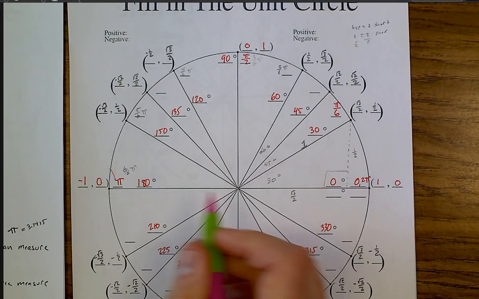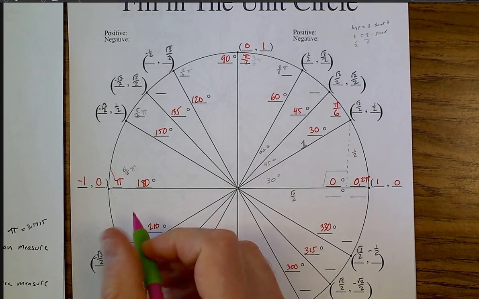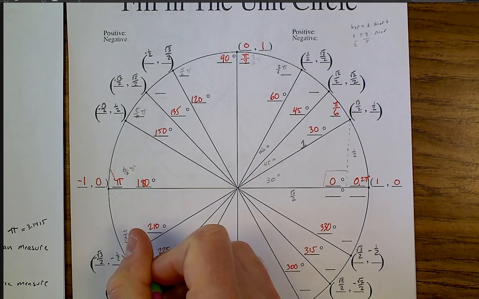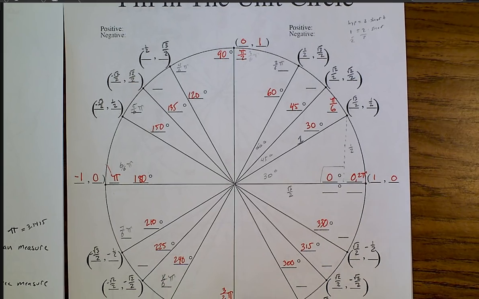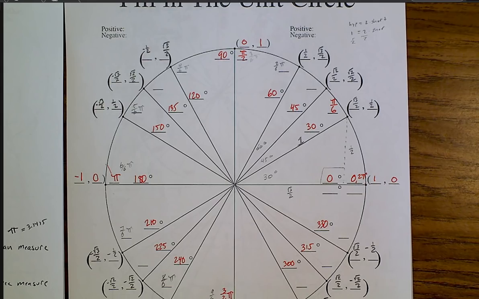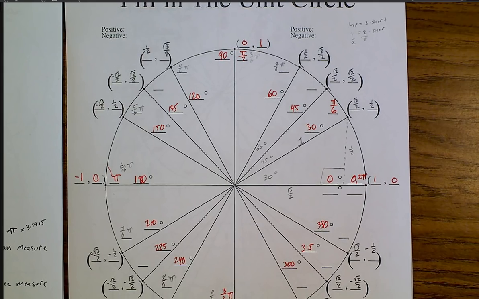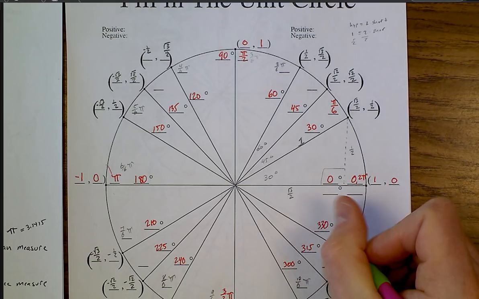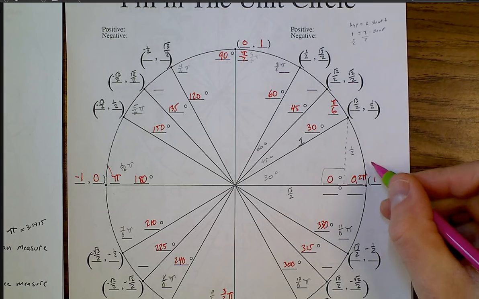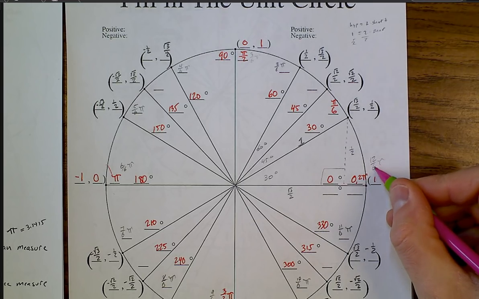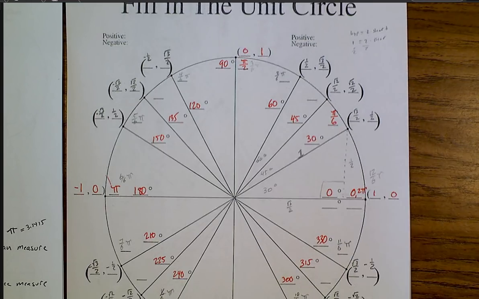And then we go another 30 degrees. That would be 7/6 pi. This would be 8/6 pi. This would be 9/6 pi, which we know, right, because 9/6 reduces. This would be 10/6 pi. This would be 11/6 pi. 12/6 pi. What's 12 over 6? 2.